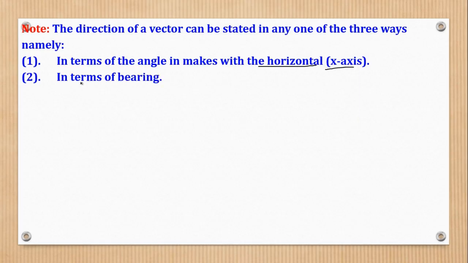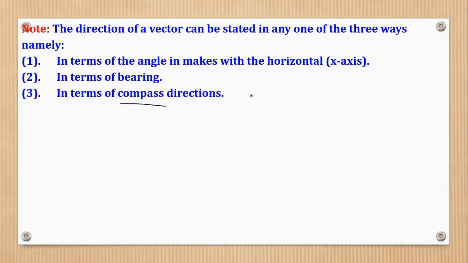Then another way can be in terms of bearing. Bearing, in your O-level math, you did much of the bearing. What you should remember is that for bearing, angles are measured starting from the north direction going in a clockwise direction. Then another way can be in terms of compass direction.